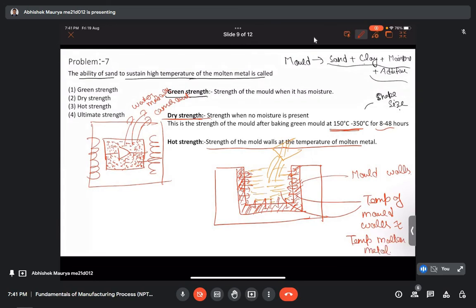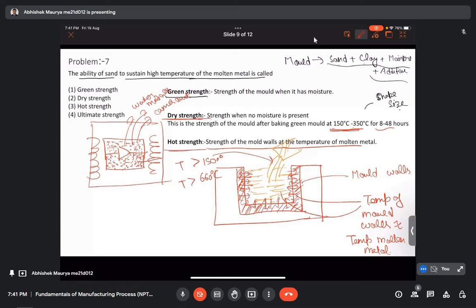Now, earlier in dry strength, the temperature range at which we dried it was 150 to 350, but the molten metal has a much higher temperature. If it is steel, its temperature will be greater than 1500 degrees Celsius, or if it's aluminum, then it has a temperature greater than 660 degrees Celsius. So this temperature is very high compared to what we used for drying the green mold.